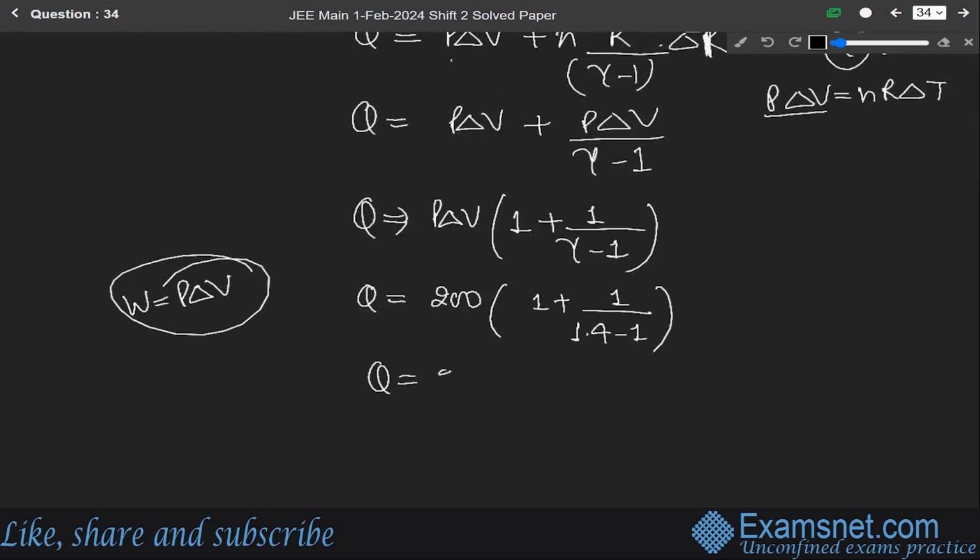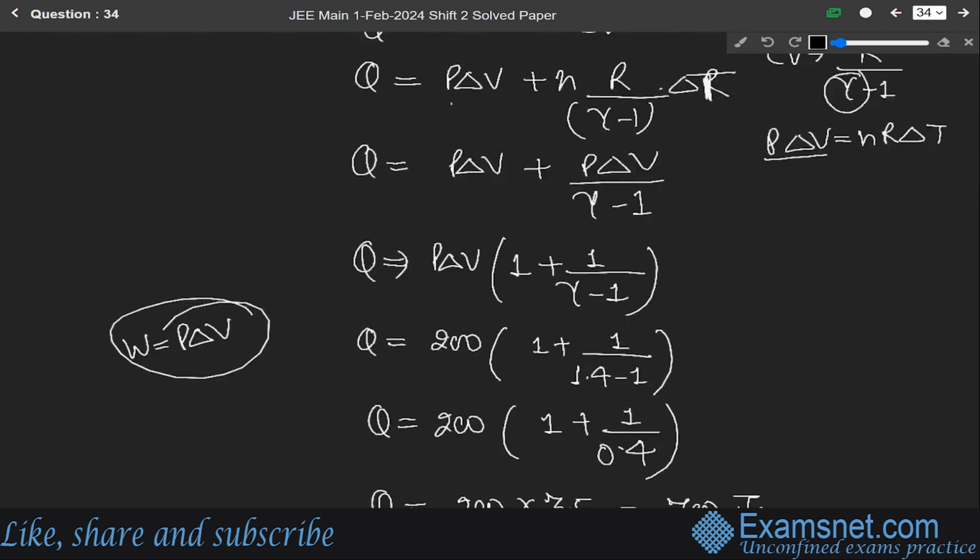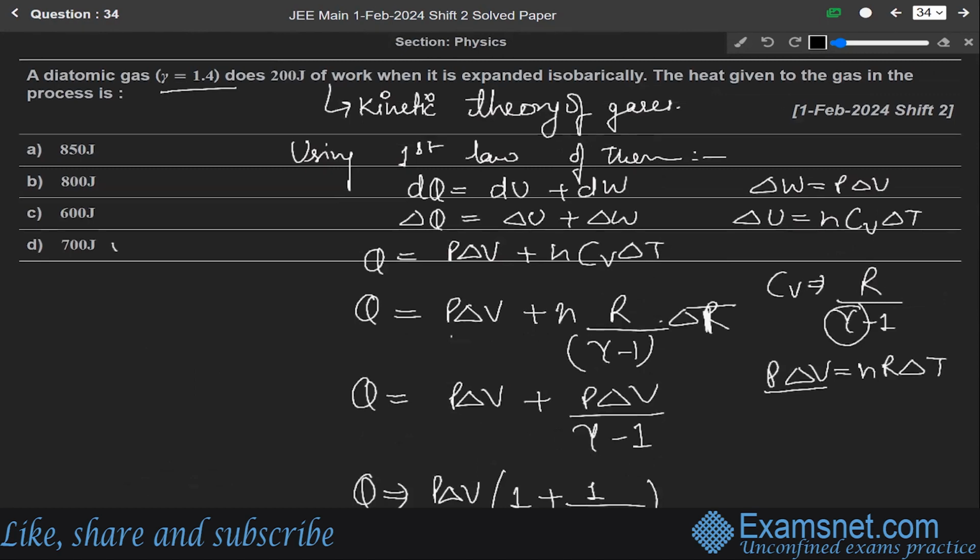So Q will be equal to 200 into 1 plus 1 over 0.4. Solving it, we get Q equals 200 into 3.5, so it will be equal to 700 joule. So the heat is 700 joule, which means option D is correct.